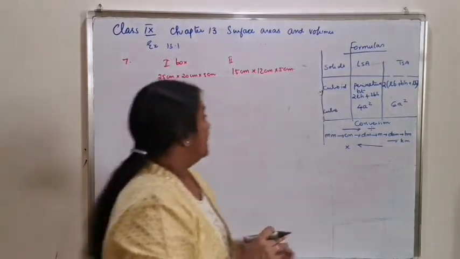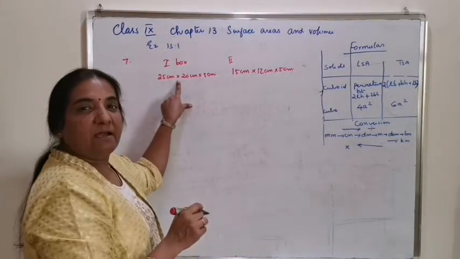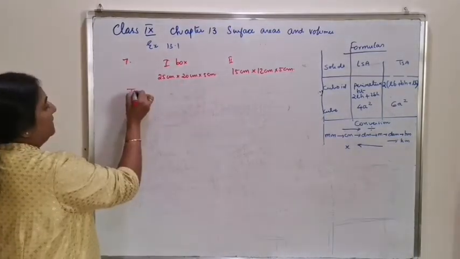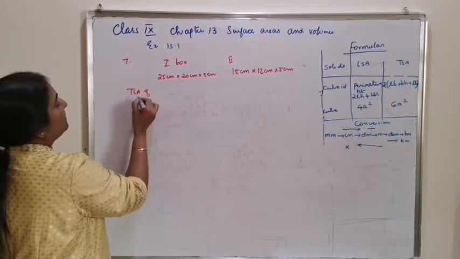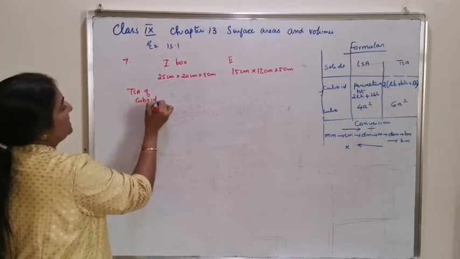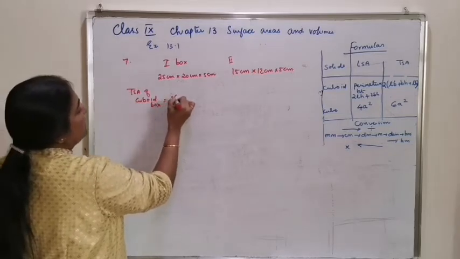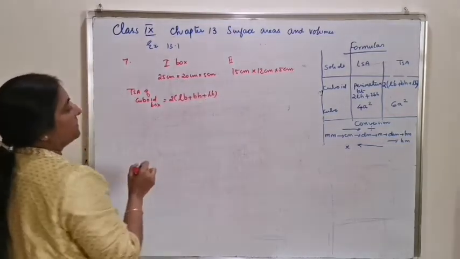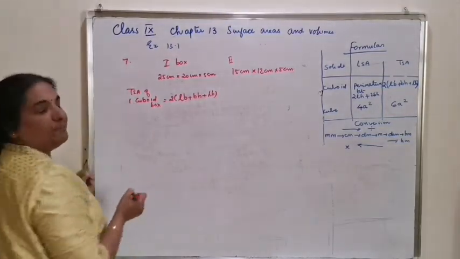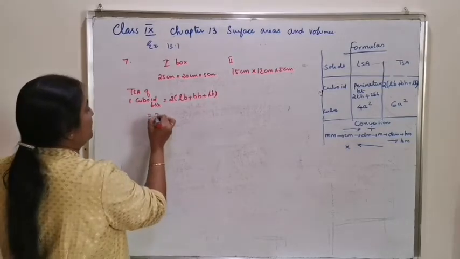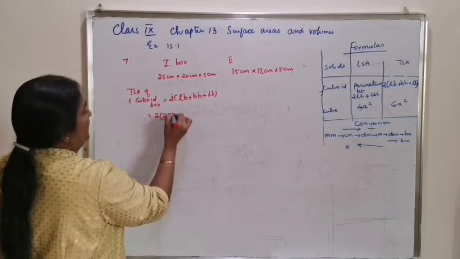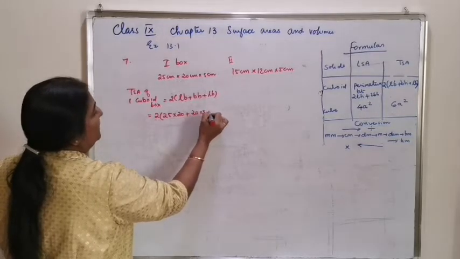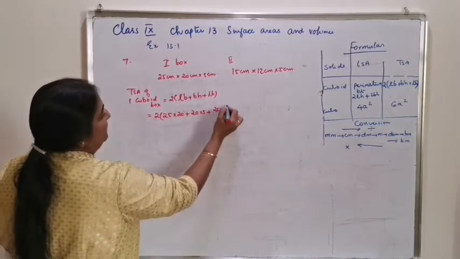What will be the surface area of the first cardboard box? TSA of the cuboid box is equal to 2 into (LB plus BH plus LH), which is equal to 2 into (25 into 20 plus 20 into 5 plus 25 into 5).